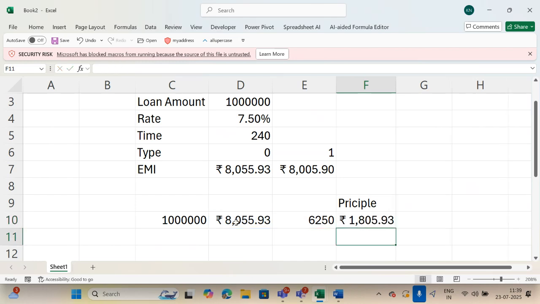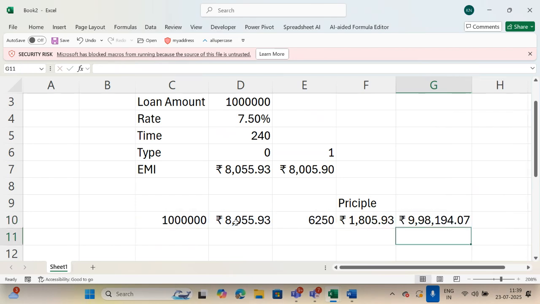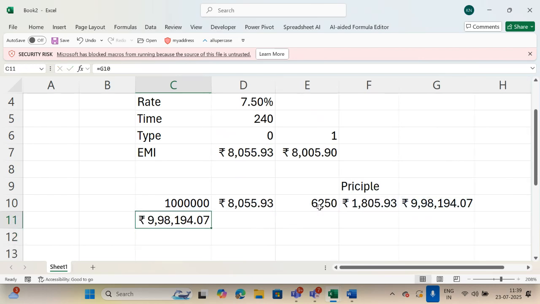Now this is your principal, and then the closing balance is this minus this. This is your closing balance. Now the interest will be charged on this amount, and you have to calculate it completely like this.